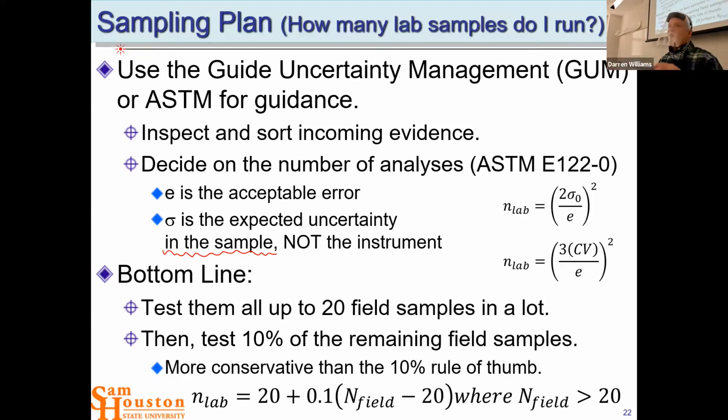Now, what's the same answer? Plus or minus a reasonable standard deviation. If you plot your data in a dot plot and your data is split into two groups, then you've got two lots and you didn't recognize it.